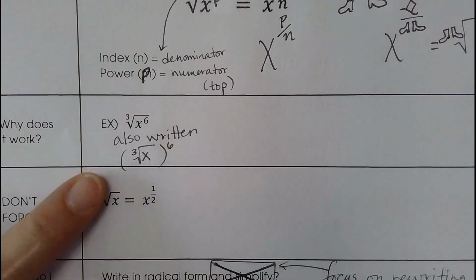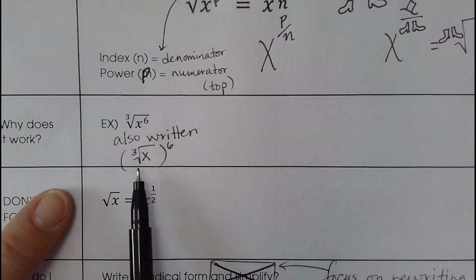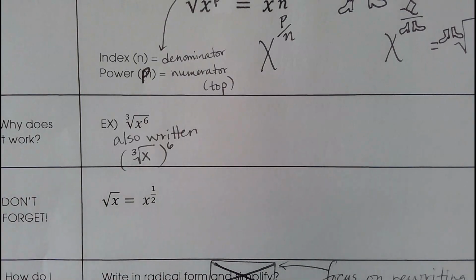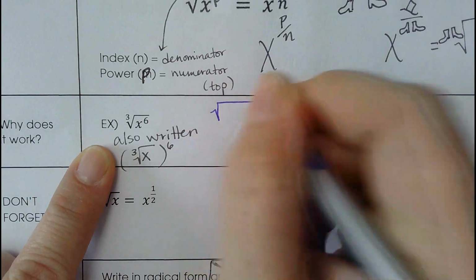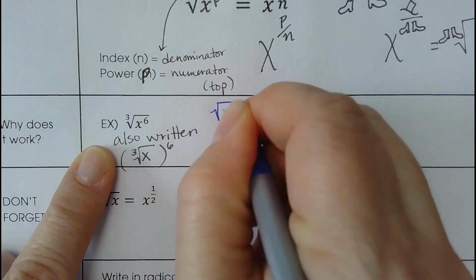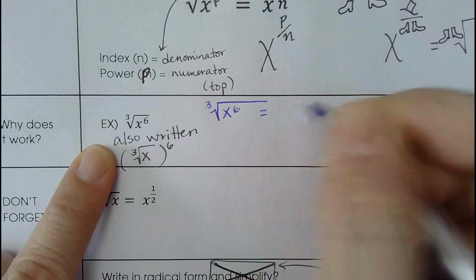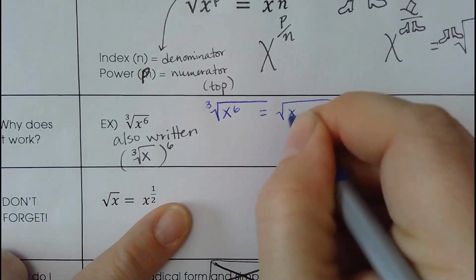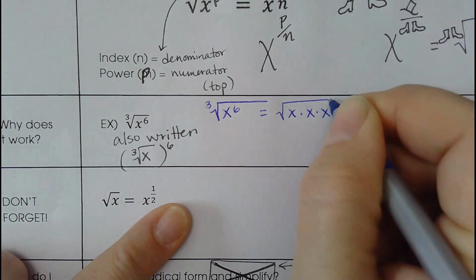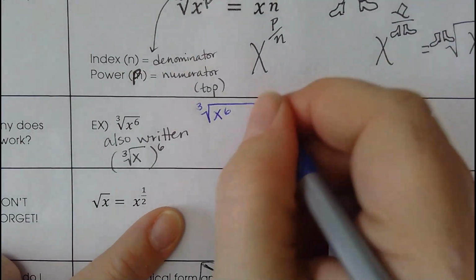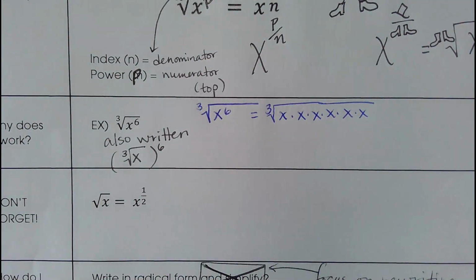I bring this up because on your practice, some of them look like this and some of them look like this. If I simplify this the way we did when we were dealing with only the radicals, I would say x to the 6th is the same as 6 x's multiplied times each other. And here we're trying to do a cube root to simplify.